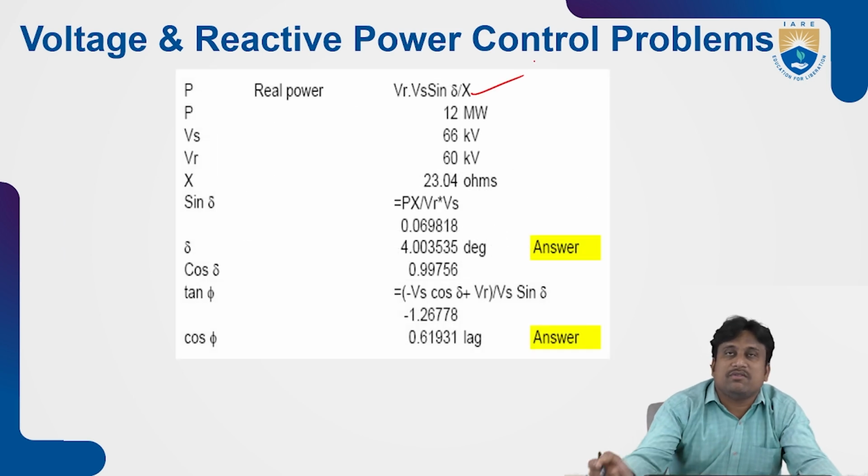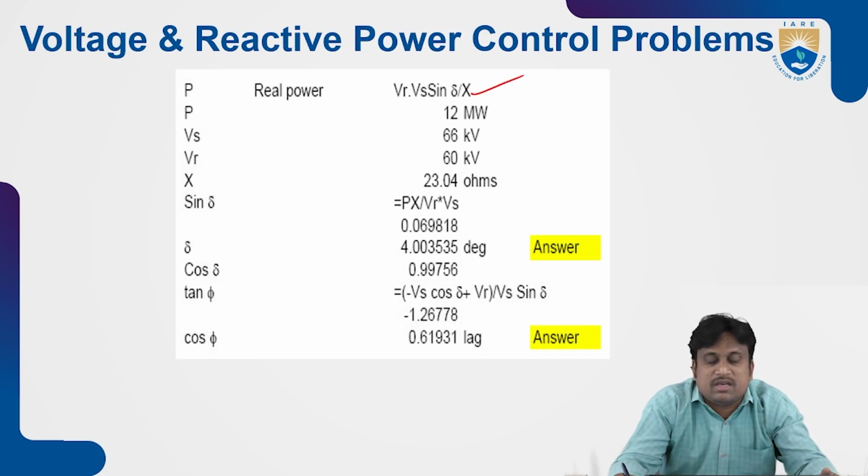So the real power can be calculated as VR VS sin delta by X, and the real power is given as 12 megawatts. The source voltage applied is 66 kV and the receiving end voltage is about 60 kV. With this we get reactance of about 23.04 ohms. Then sin delta is calculated as PX by VR VS, which comes to 0.069818.